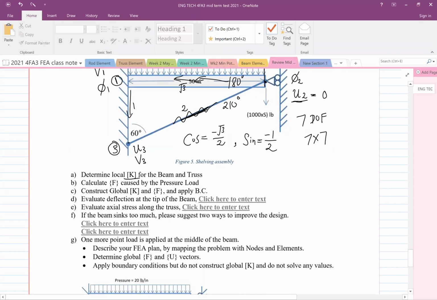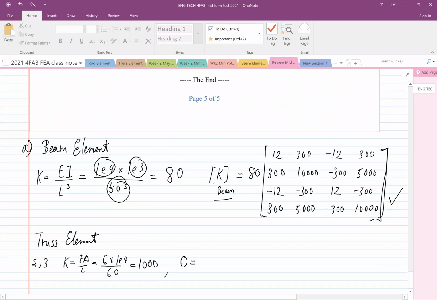So if that's the case, c squared equals 3 over 4, and s squared equals 1 over 4. And C times S is negative root 3 over 2 times negative 1 over 2, which is positive.